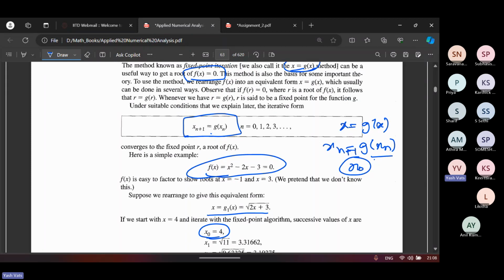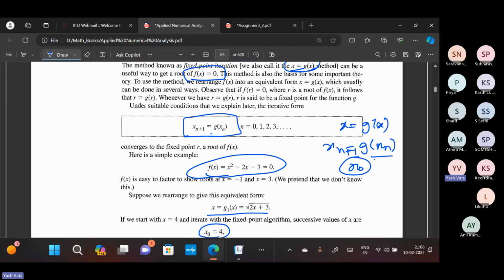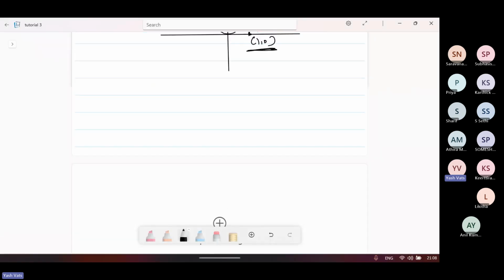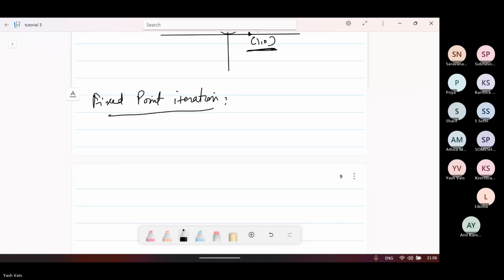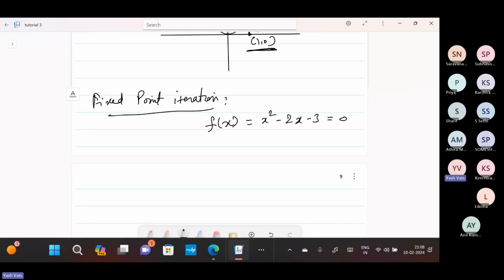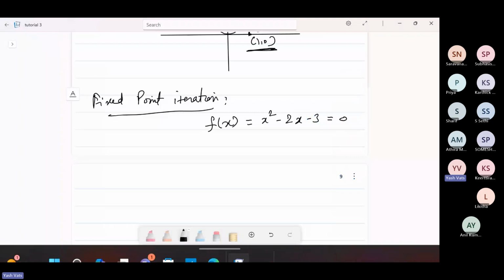This function f of x is x square minus 2x minus 3 equal to 0.